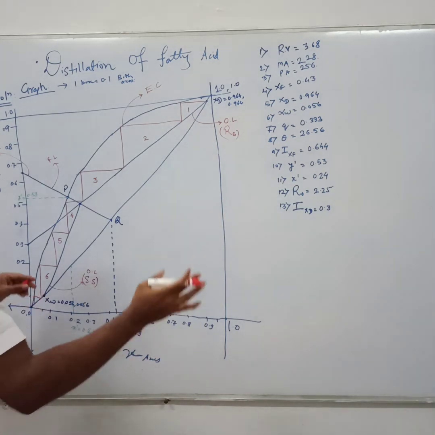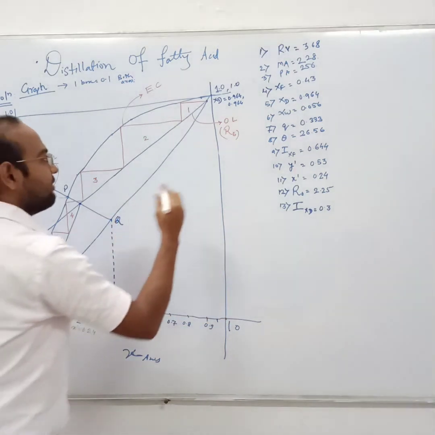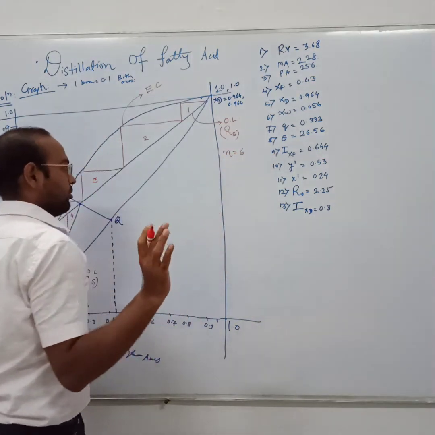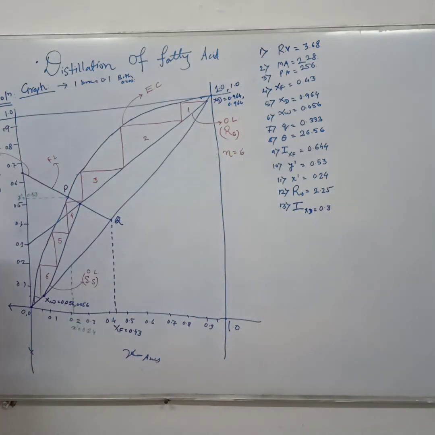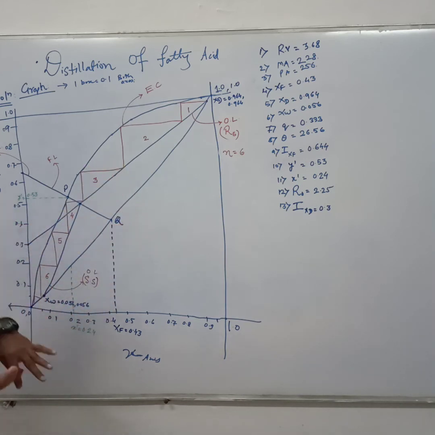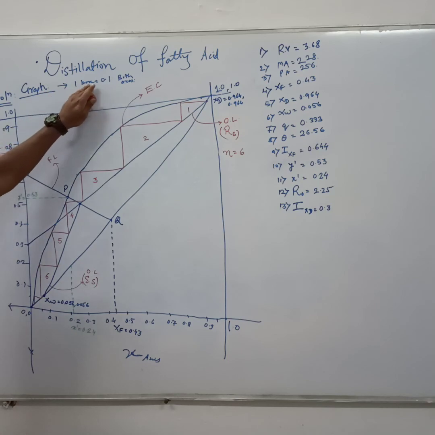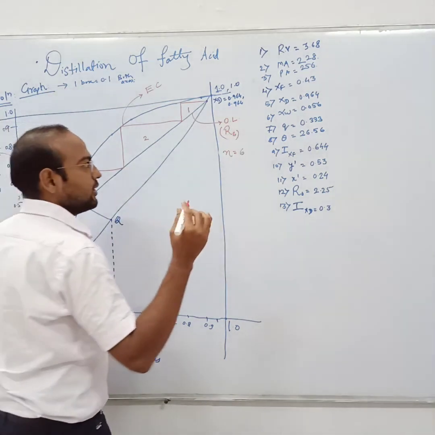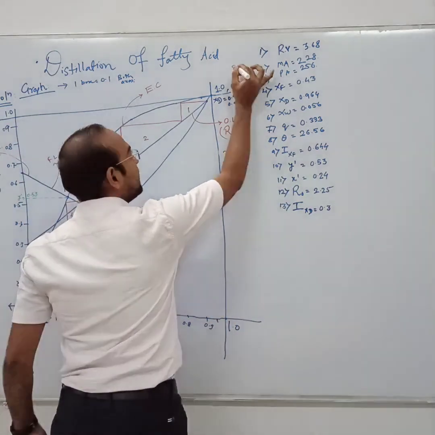According to me, when I solve this numerical on this whiteboard, I find the number of plates n equals 6. But this will not happen with you, because when you solve it on graph paper using this scale, one box equals 0.1 on both axes, you may find the number of plates needed is like 8 or 7.